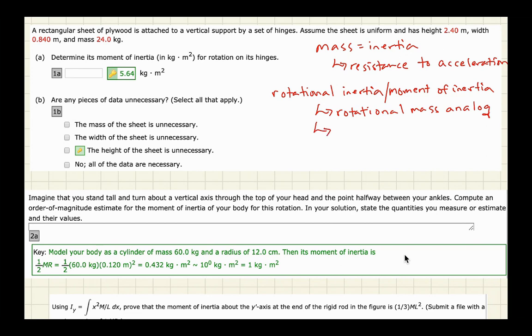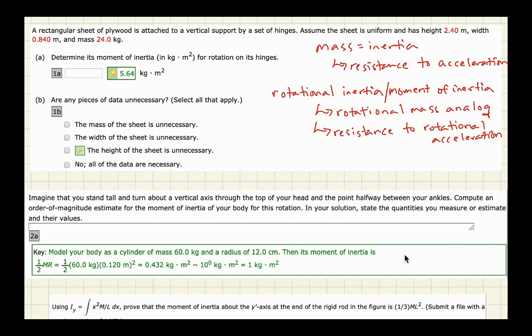And it would be the resistance to rotational acceleration. Basically, how difficult it is to rotate or cause that object to change its rotation, rotationally accelerate.